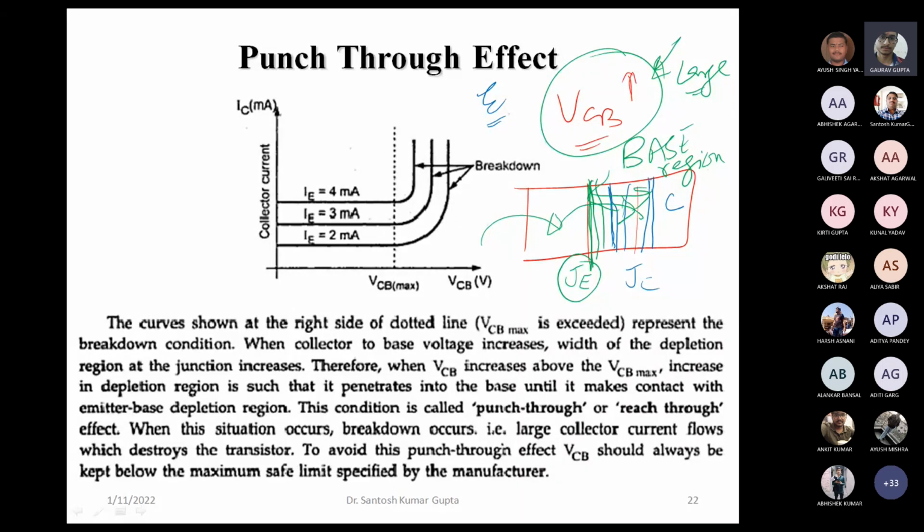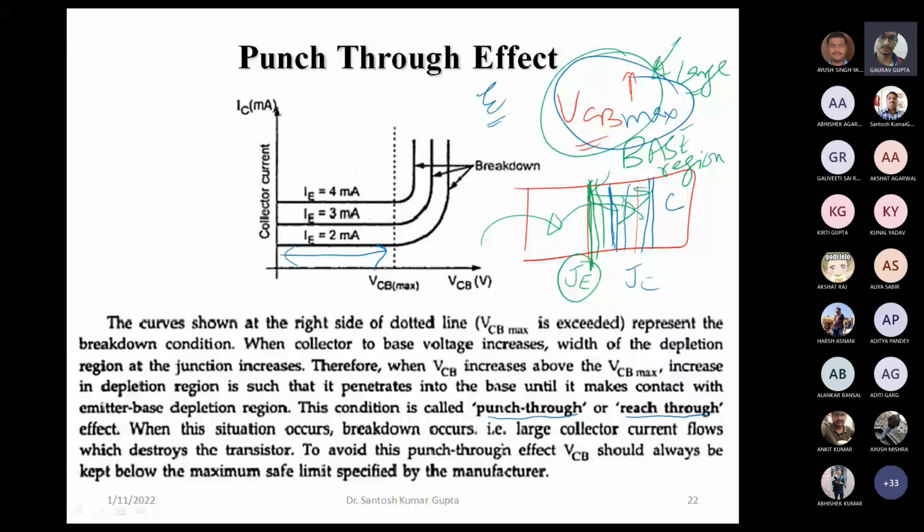This particular condition is called punch through or reach through. So it is recommended that we operate our device well below this maximum VCB, or the punch through voltage. We limit our operations well below this VCB max, else we may land up in the breakdown region.